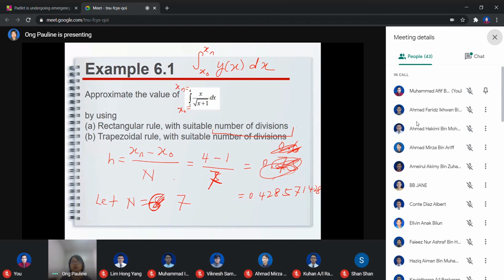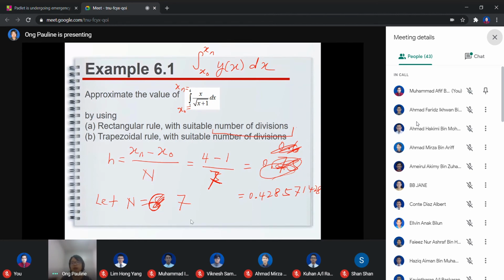So this is not a very smart selection. I would not say that this is wrong, but if you choose n equals to 7 and try to calculate the h here, you get infinite decimal places here.